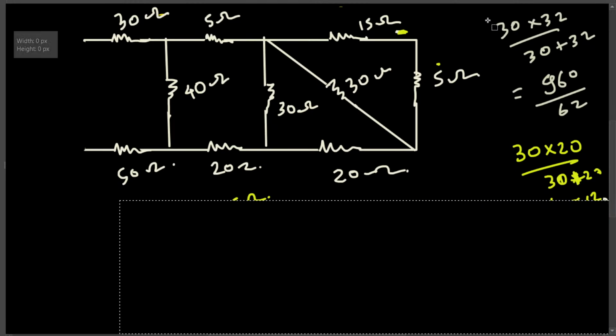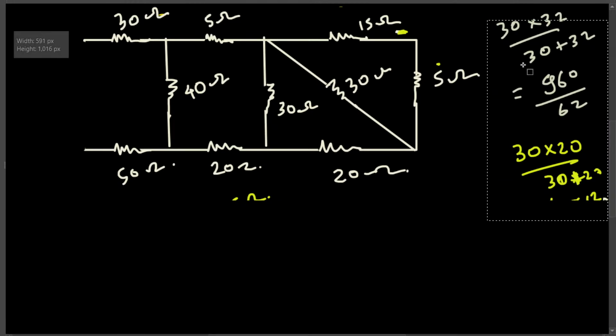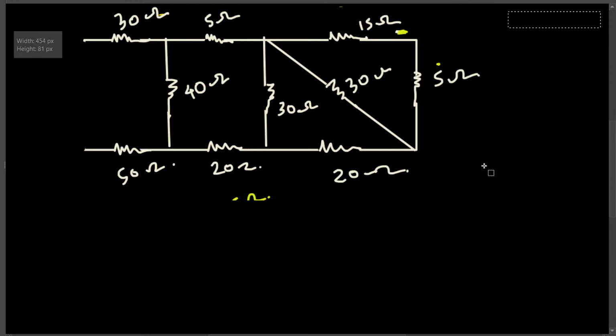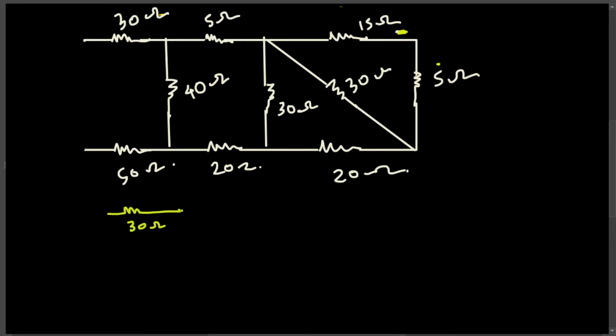Instead of solving the circuit like this, I'm gonna actually draw the exact same circuit in a different way. Okay, let's draw this one in a different way. So this is 30 ohm, keep it as it is. And this one is 40 ohm, keep it as it is.